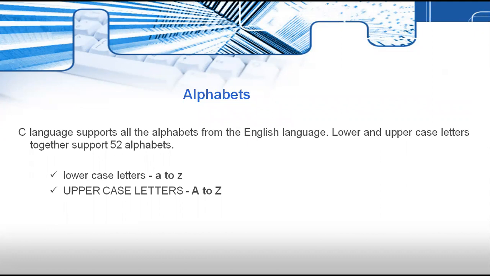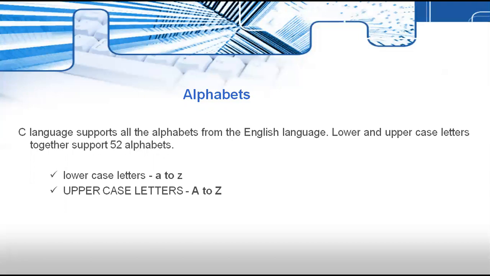Coming to alphabets, the C language supports all the alphabets from the English language. Lower and uppercase letters together make 52 alphabets, that is, lowercase letters from a to z and uppercase letters from capital A to capital Z. In a C program, a character set holds ASCII values, which are integer numbers between 0 and 127.